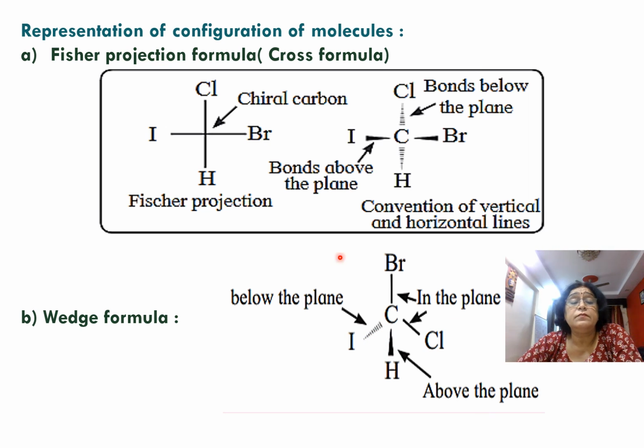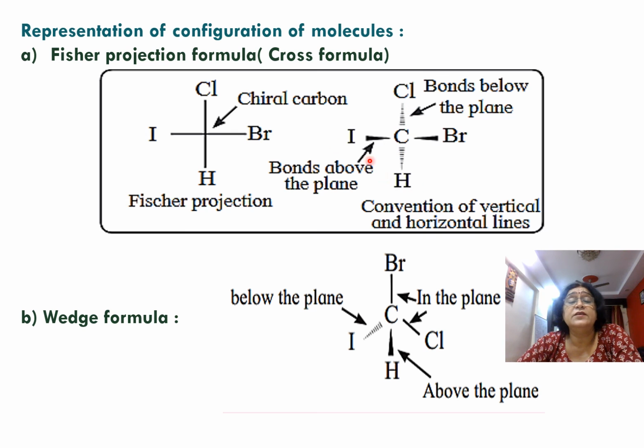Clear? So if you have to convert this wedge formula to Fischer projection formula, in Fischer projection formula you represent the bonds by the cross. Okay. So here you see in the plane, and here you see this I and Br are above the plane and bonds below the plane, this H and Cl are below the plane.